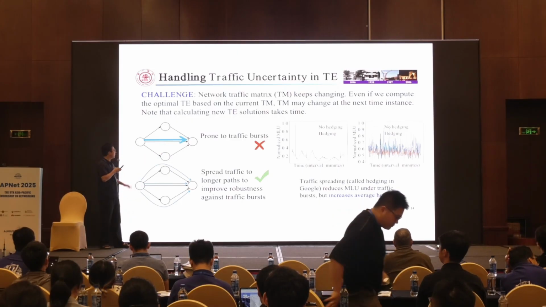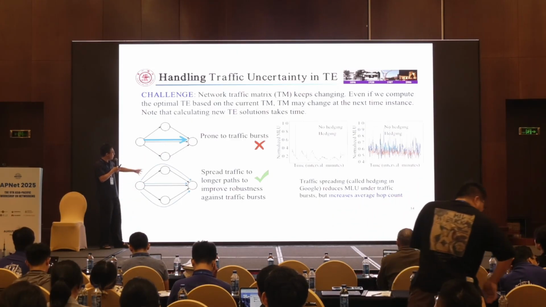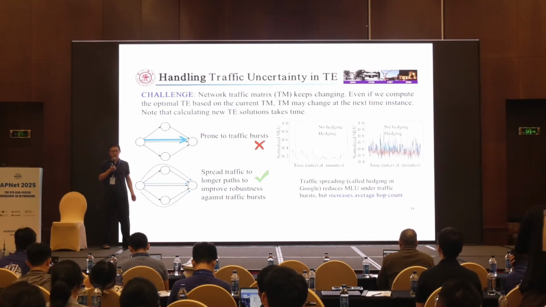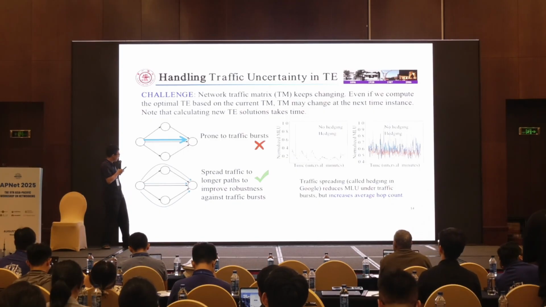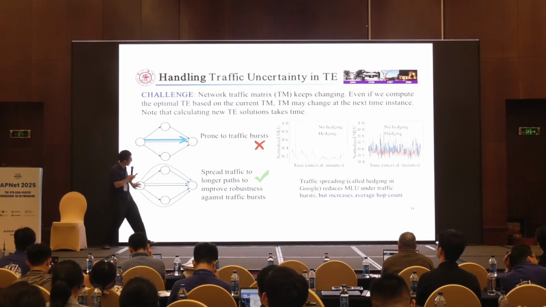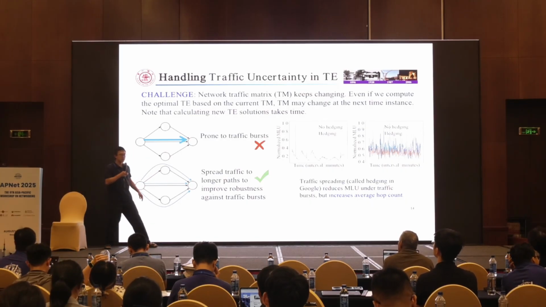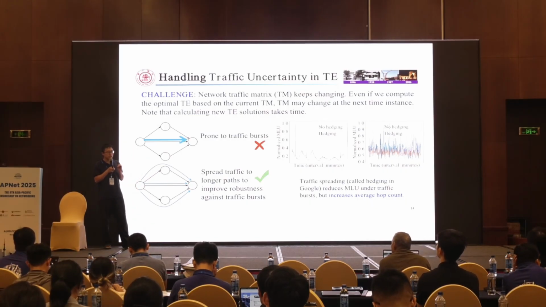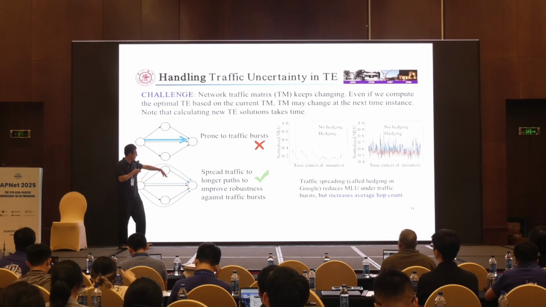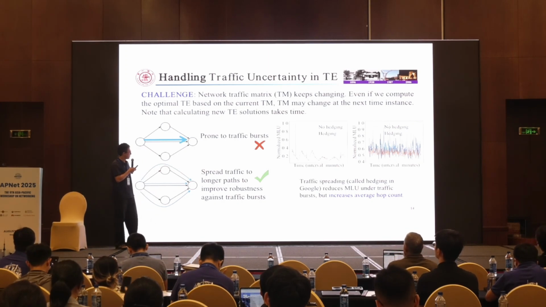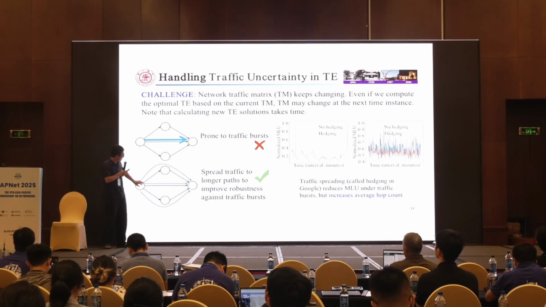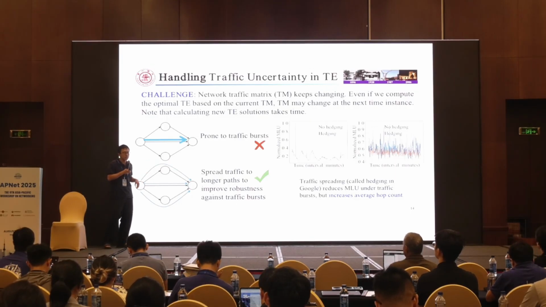Another approach is that maybe we can sacrifice some efficiency of the traffic engineering solution. We can split the traffic among these three paths. Because it uses two-hop paths, the efficiency reduces, but the robustness increases, because when traffic bursts, the burst will spread evenly among all the three paths.